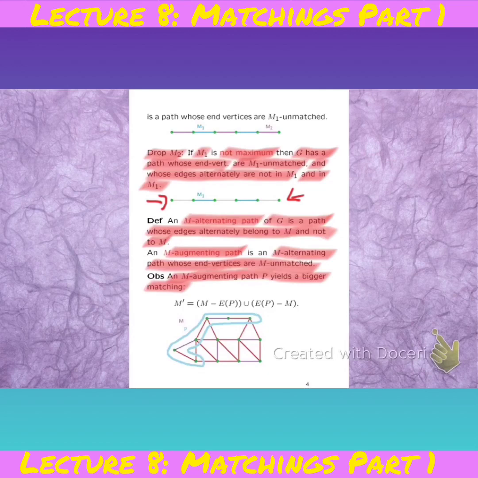We'll take the matching M, and from that we will remove all the edges on the path P, and then we will take the union of that with the edges of P without the edges that are in my matching.